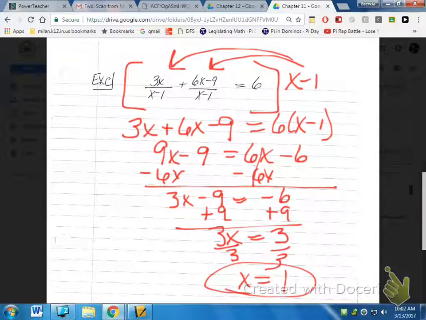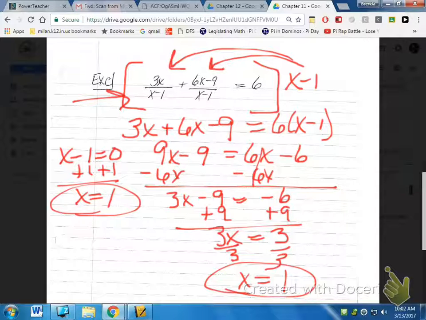Okay, now, in my original problem, I have variables in the denominator, so I've got to set my denominators equal to 0 to see what bad answers there could be. And if my denominator is x minus 1, I would solve this and say, oh, look at that, x equals 1 would make it 0, and x equals 1 is the answer.